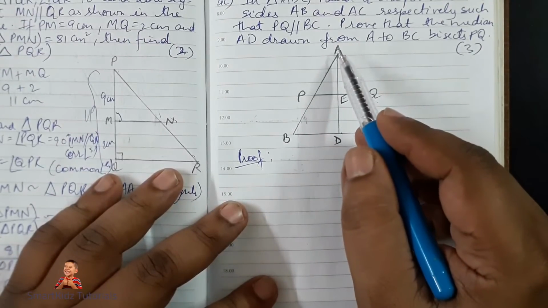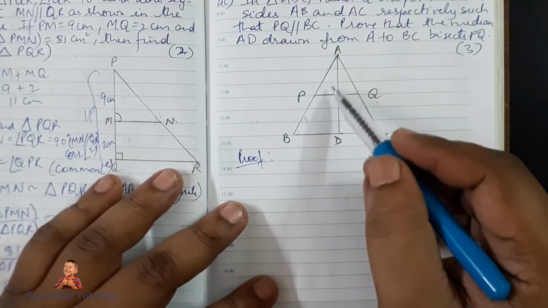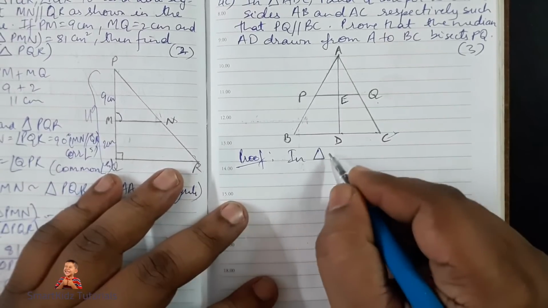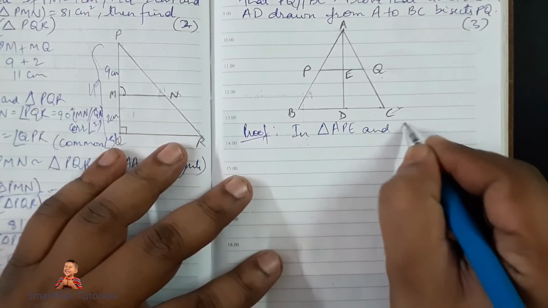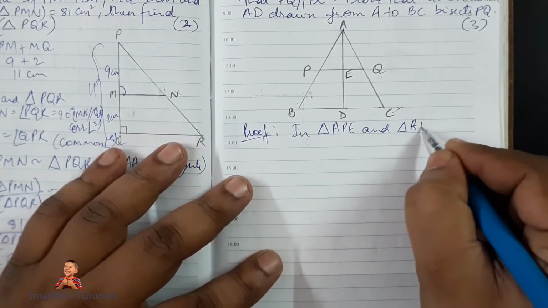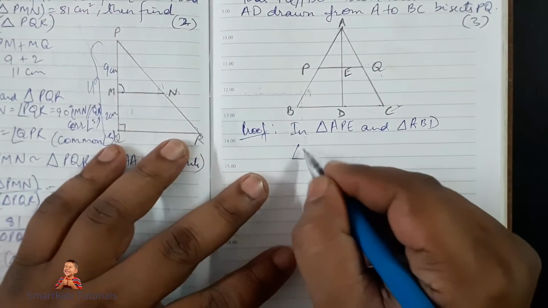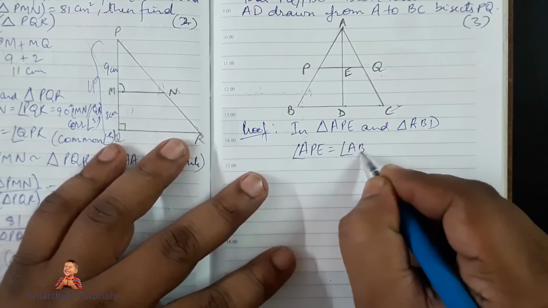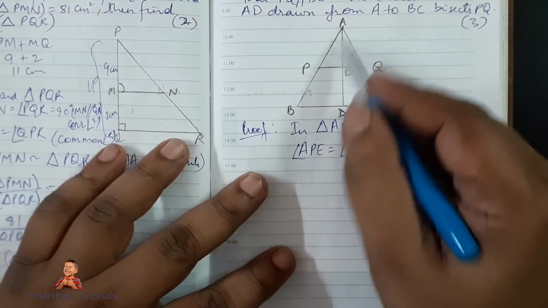So we'll begin first with triangle APE and ABD and show that these two triangles are similar to each other. We say in triangle APE and triangle ABD, we can say angle APE is equal to angle ABD.